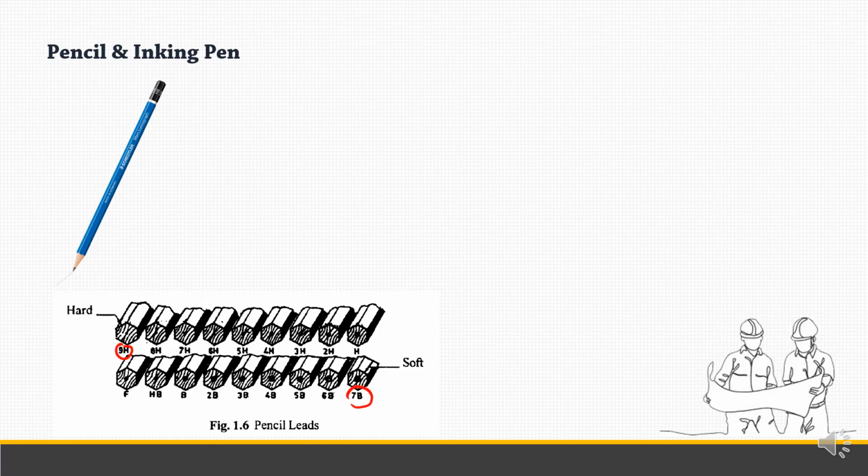Meaning when the lead is hard, your drawing is thin and not very visible, so it is used for construction lines and guiding lines. The 7B is the thickest because the lead used is soft. Usually HB is used for final lines, and 2H is used for construction lines.